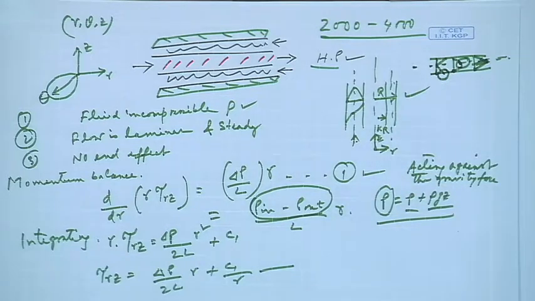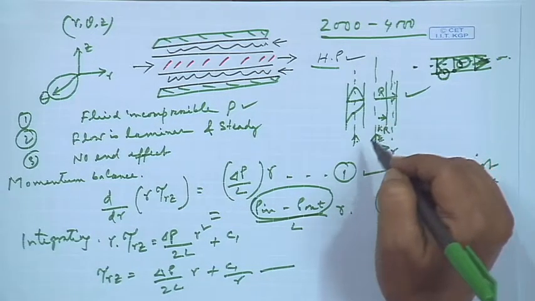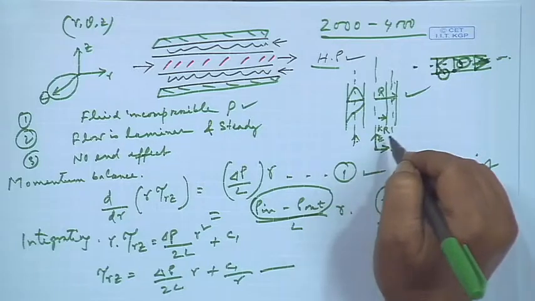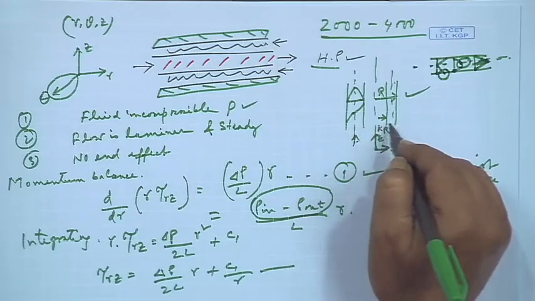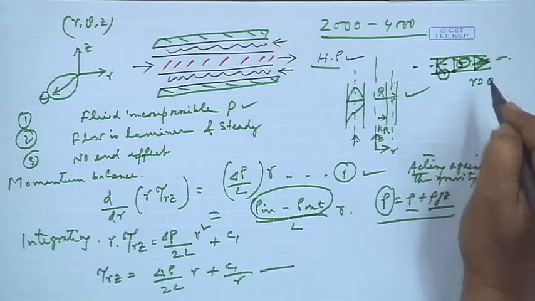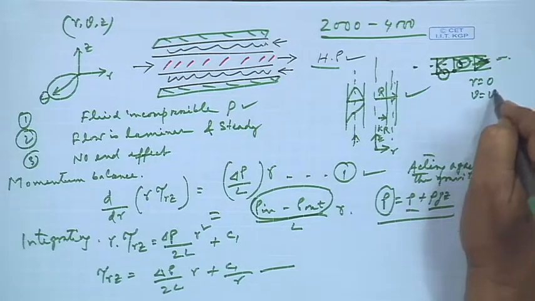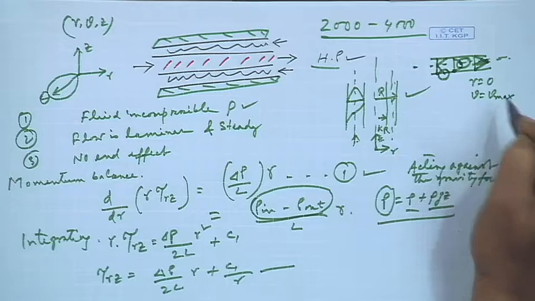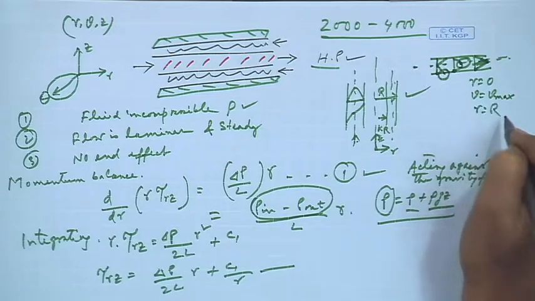This you knew, right. But here, at r equals 0, V is V max, and at r equals r, V is equal to 0.